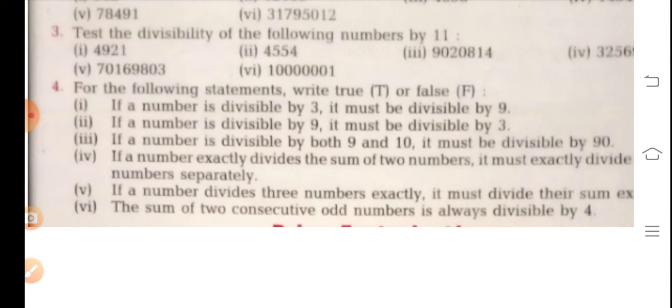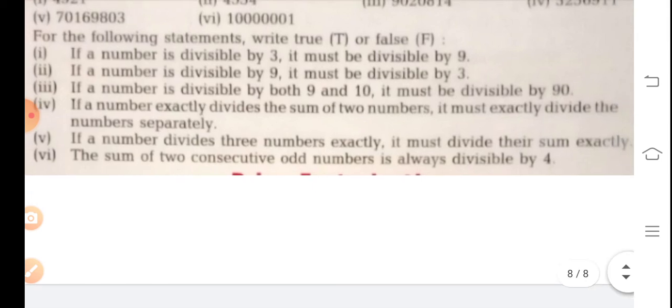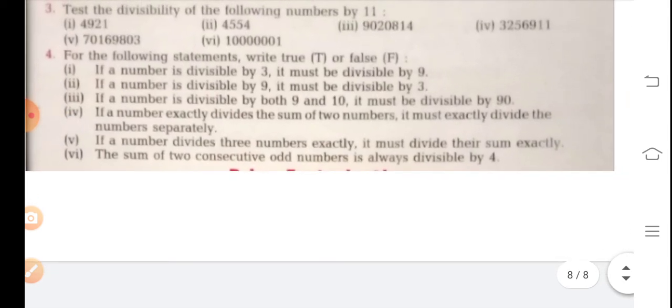Fourth question: if a number exactly divides the sum of two numbers, it must exactly divide the numbers separately. That's not good, false. Next here, if a number divides three numbers exactly, it must divide their sum exactly, right?